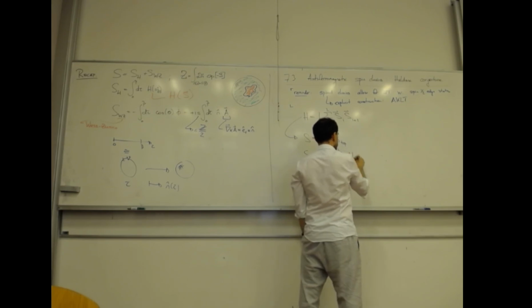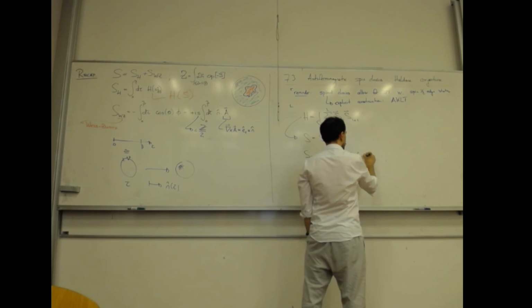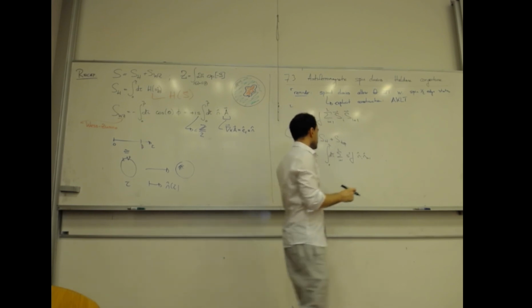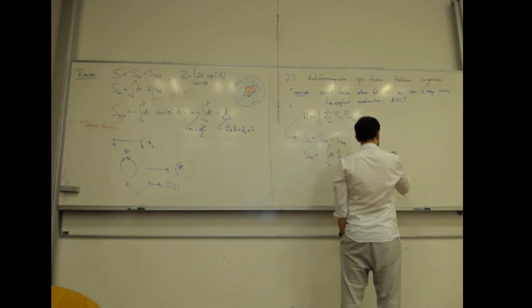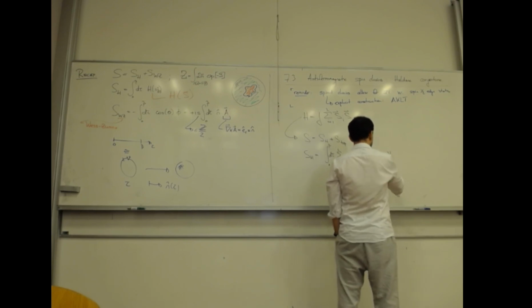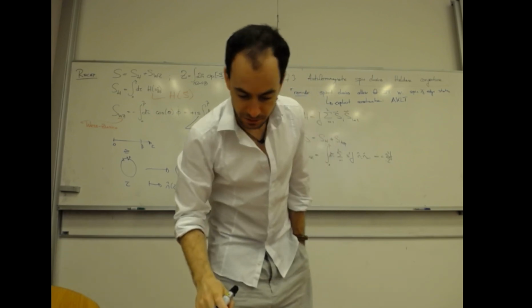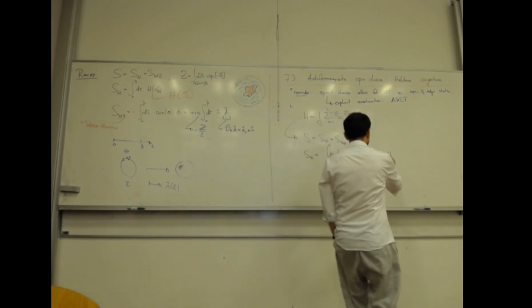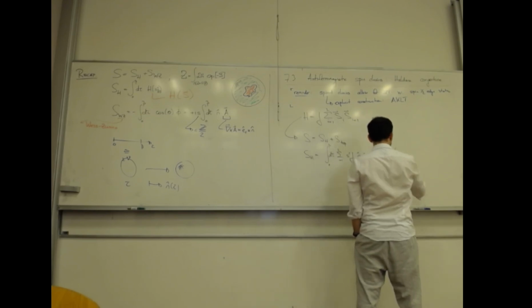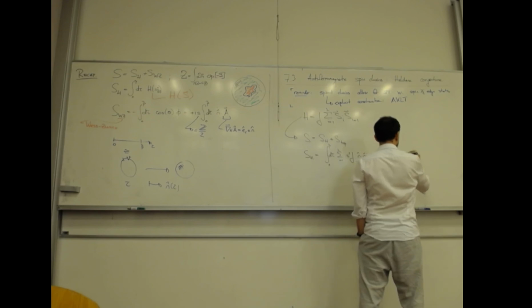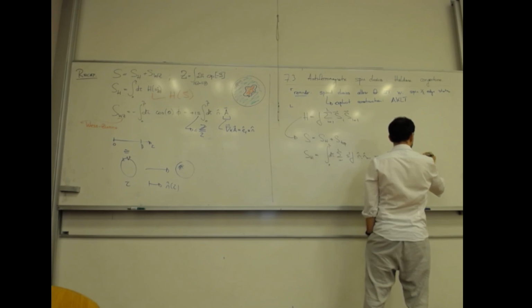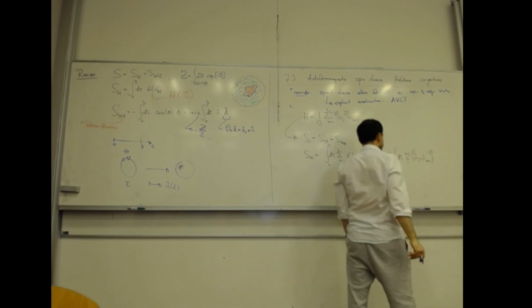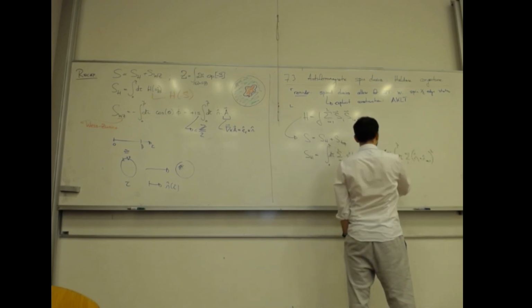We have S squared J n_i n_{i+1}. We can also write this up to a constant as S squared J half integral d tau sum over all i of (n_i plus n_{i+1}) squared.